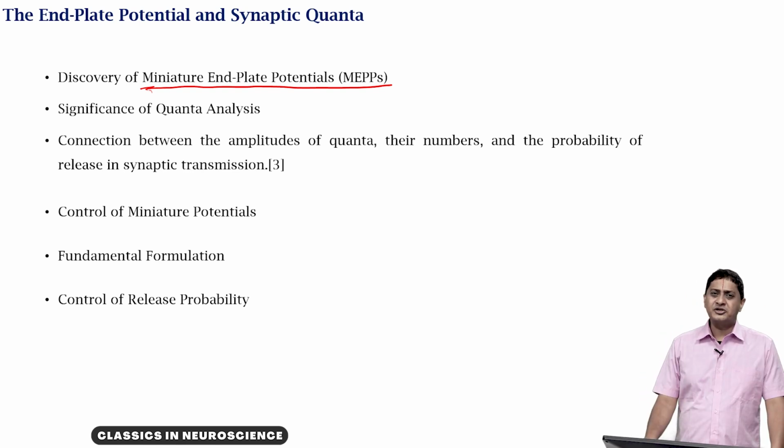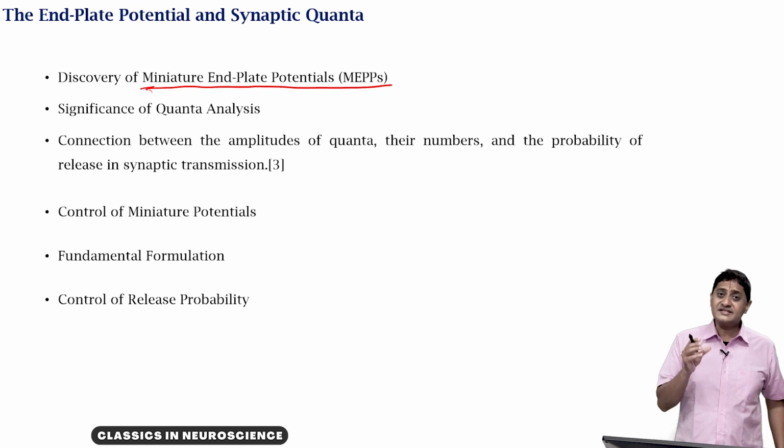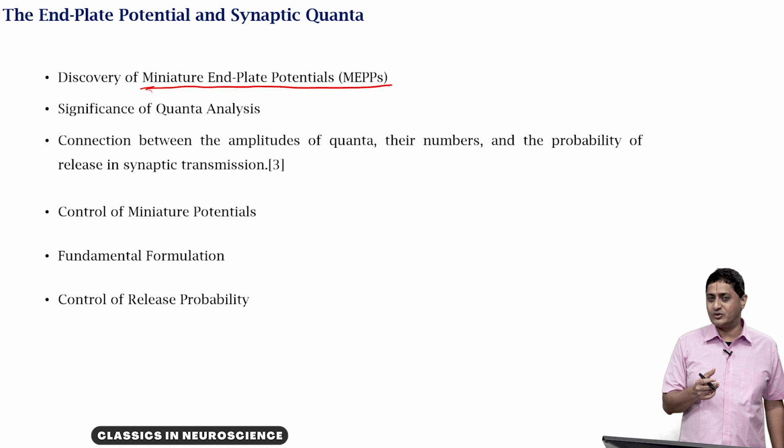So, when an action potential arrives at the presynaptic terminal, it is not going to release just one vesicle; it is going to release a large number of vesicles, each containing approximately the same number of molecules of acetylcholine.